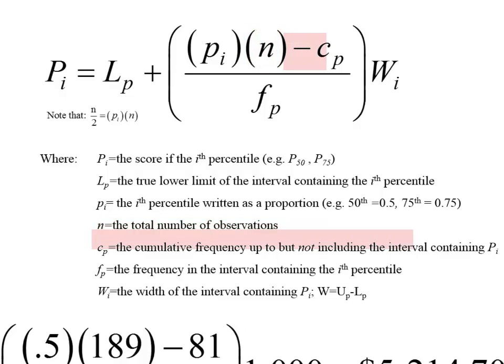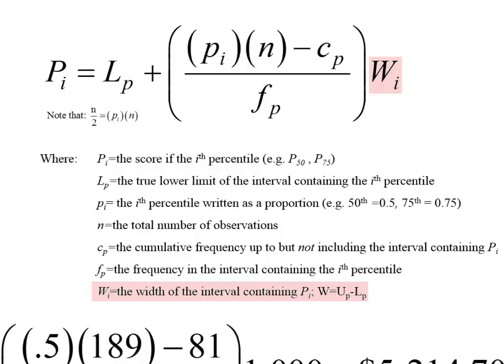From that, we're going to subtract C sub P, which is the cumulative frequency up to but not including the interval that contains the median. We know there's 81 cases in all the intervals below the median value. So 94.5 minus 81. F sub P is the frequency of cases in the interval that contains the percentile. In this case, 51. And then finally, W sub I is the width of the interval.